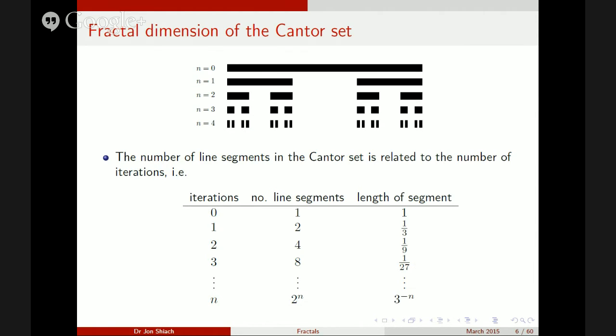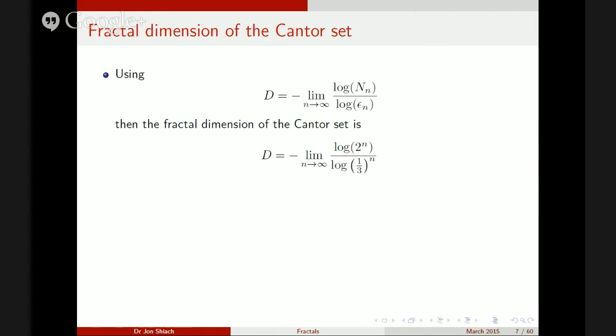Therefore, in relation to the number of iterations, 3 to the power minus n is the length of the segment. So what does this mean for the fractal dimension? Using that formula, big N is 2 to the power n, and epsilon is 1/3, or 3 to the power minus n.